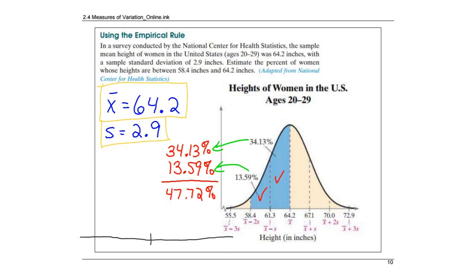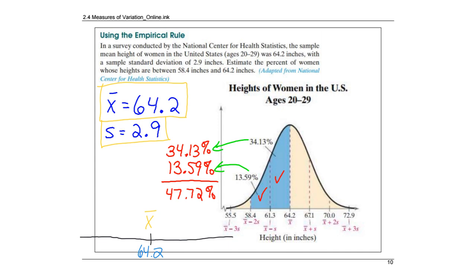Okay, so I'm going to do a number line down here to show you where this number line came from. So the mean is always going to go in the middle. And for us here, the mean is 64.2. Whether it's the population mean or the sample mean, it's going to go in the middle. Okay, and now let's start putting the standard deviation in there.